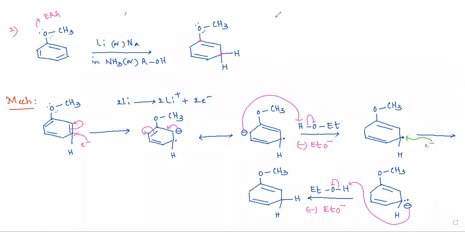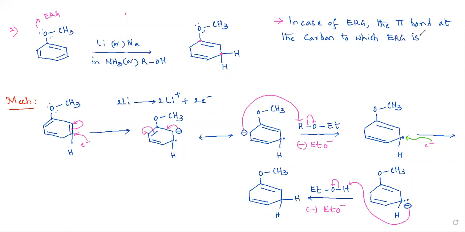That's it. Now, the things to be noted in this particular case are, point number one, see in case of electron releasing groups, the pi bond at the carbon to which the electron releasing group is attached is retained.